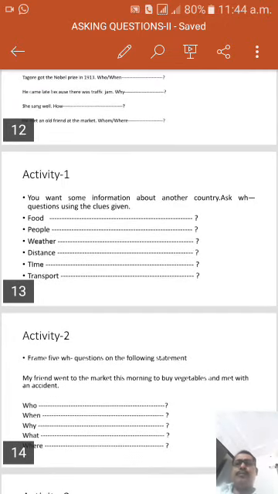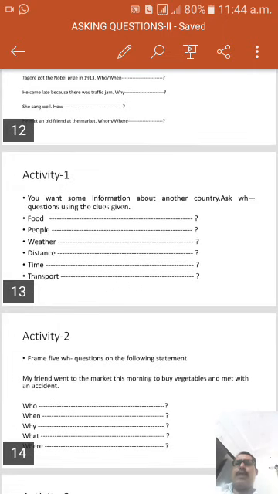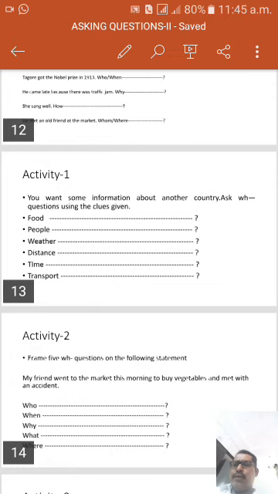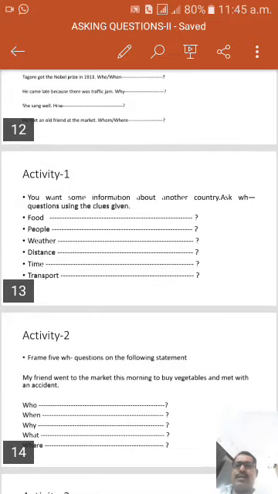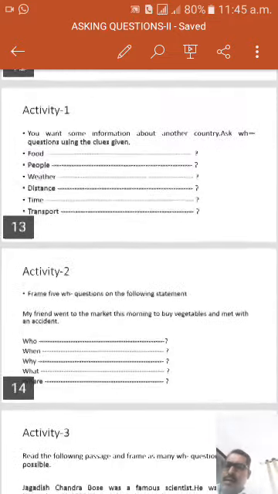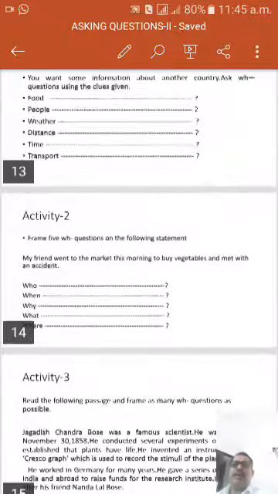The context is seeking information about another country, and we are asking questions on some aspects of that country, like how is the food in the USA, how are the people in the USA, how is the weather in the USA, what is the distance to the USA from India, what is the time difference between India and the USA, how is the transport in the USA. So like that we framed some questions.